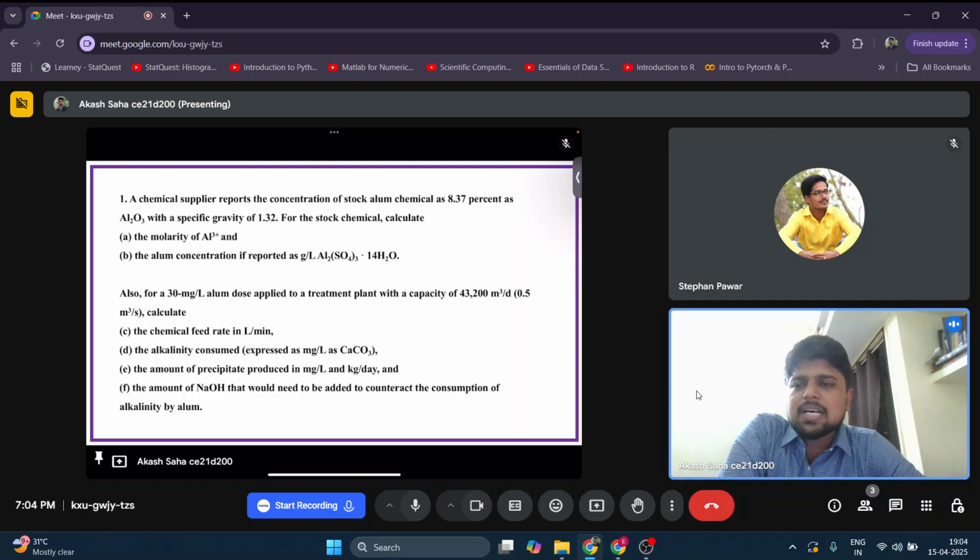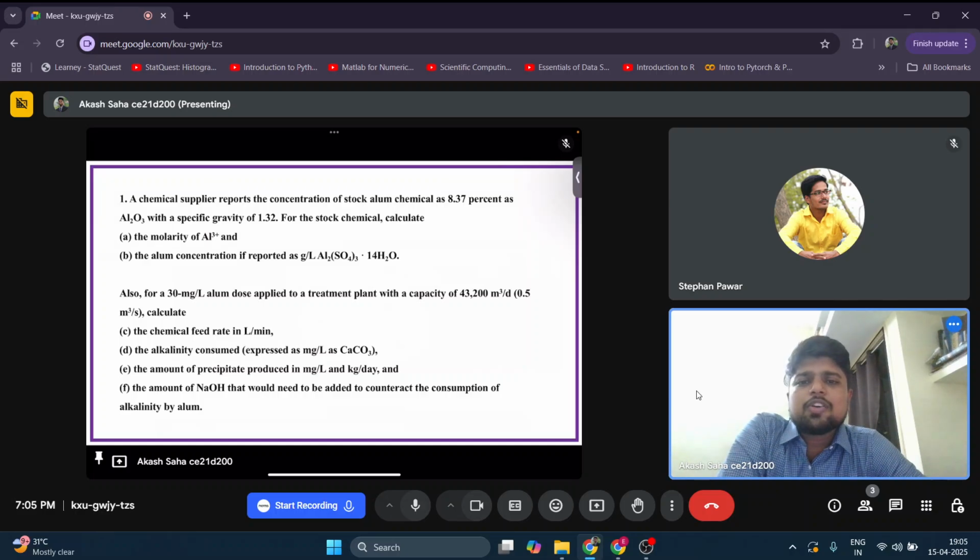The first question says that a chemical supplier reports the concentration of stock alum chemical as 8.37% as Al2O3 with a specific gravity of 1.32. So a stock alum chemical has been given whose percentage as Al2O3 is 8.37%, and the specific gravity is also given.